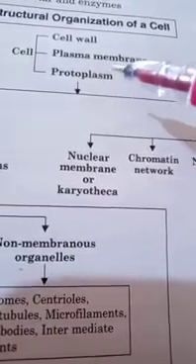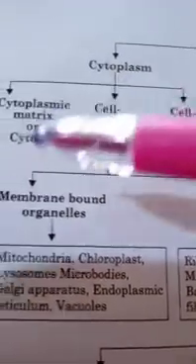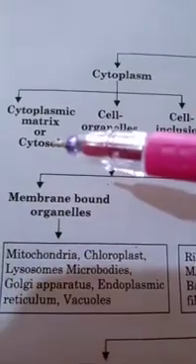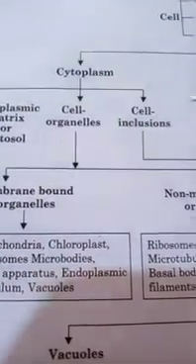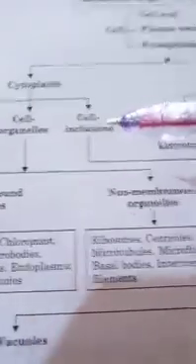Inner to the plasma membrane we are having protoplasm, and that protoplasm could be divisible into the cytoplasm and nucleus. The cytoplasm in turn is having cytoplasmic matrix or cytosol, cell organelles, cell inclusions.